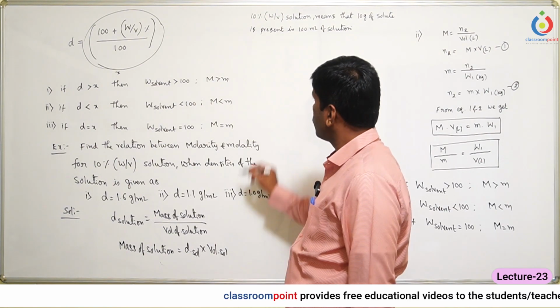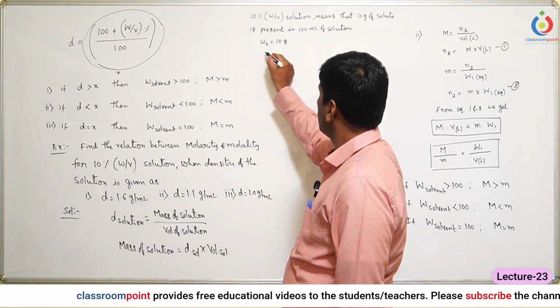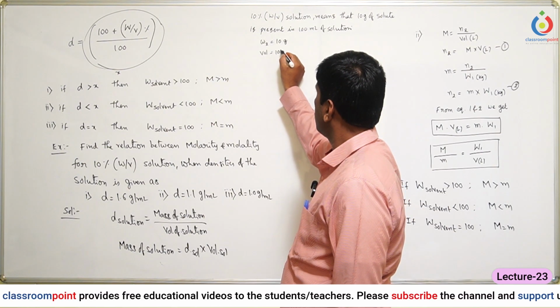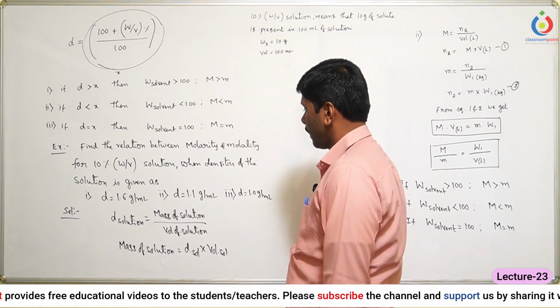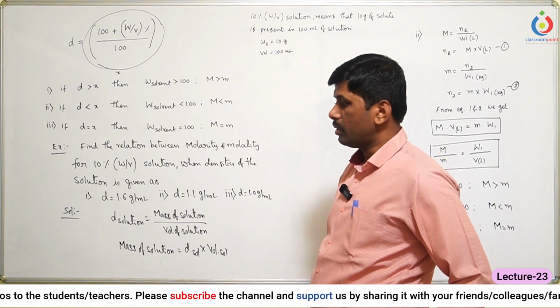So here the mass of solute is given as 10 grams and the volume of solution is given as 100 ml. The mass of the solution is density into volume of the solution.